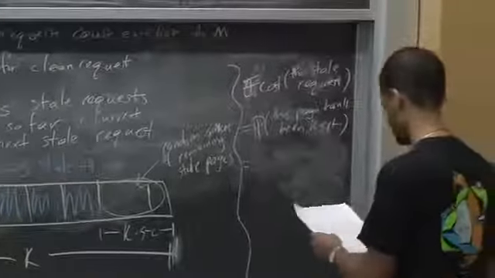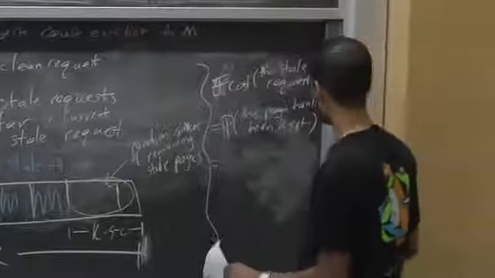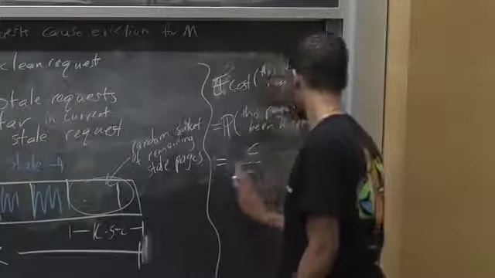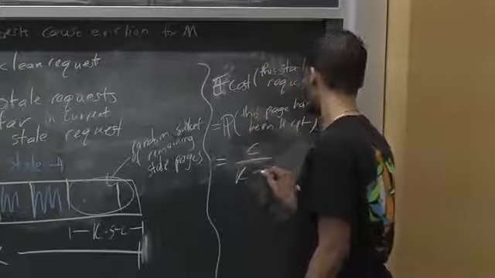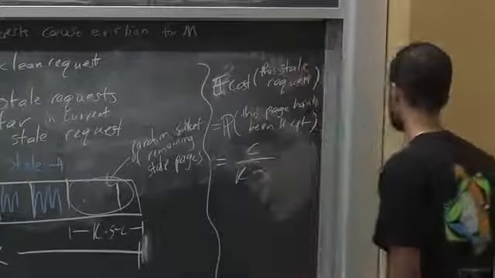So I seem to have said to myself that this thing should be c over k minus s. Okay.